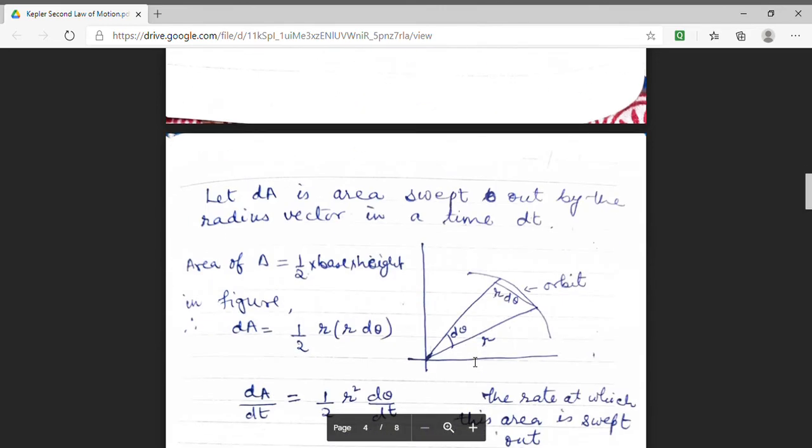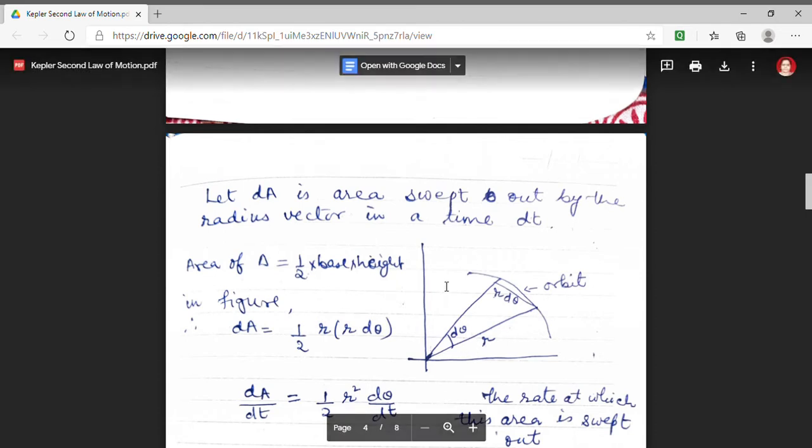Now I am assuming that dA is the area swept by the radius vector in time dt. Here I have drawn an orbit which is at a distance of r from the origin. Let the angle which the radius vector makes on revolution be d theta.